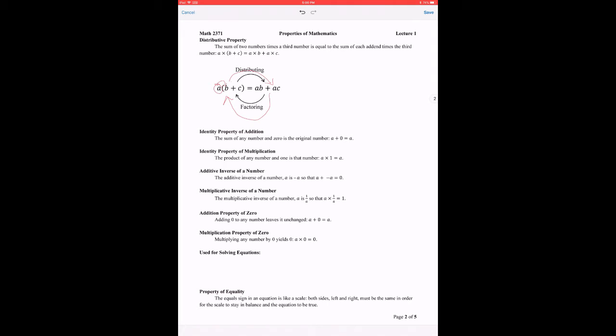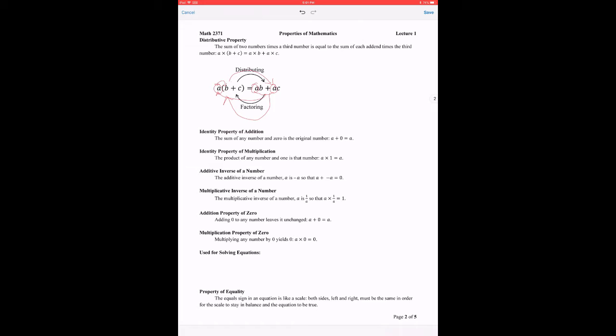It is also often forgotten in math where you pull out the greatest common factor. Most people forget that when you pull out the greatest common factor, that's actually using the distributive property, going this direction.